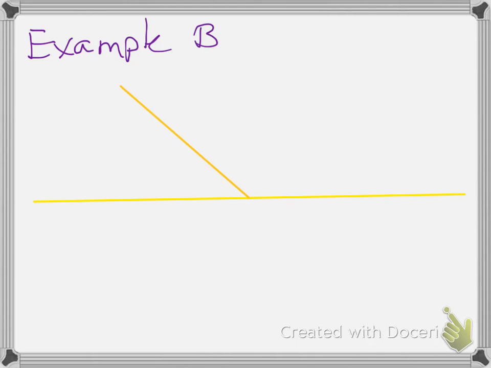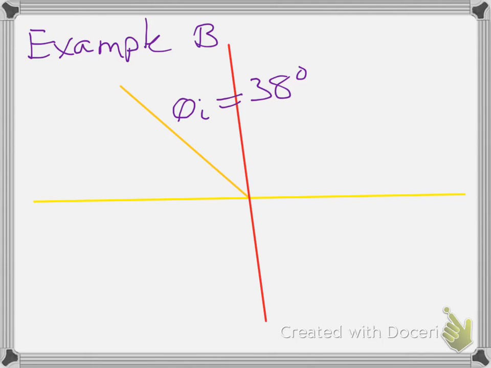We're going to have our normal. Normal's a little bit off, sorry. We're going to then put our information in, so angle of incidence is going to equal 38 degrees.